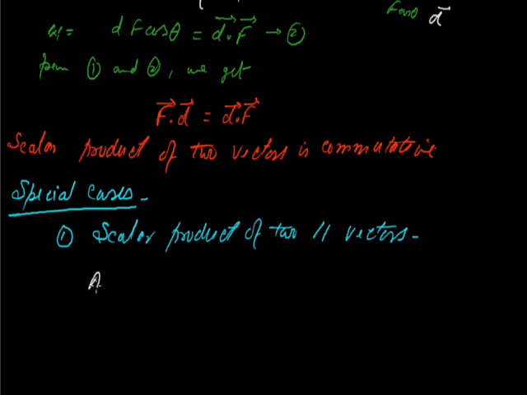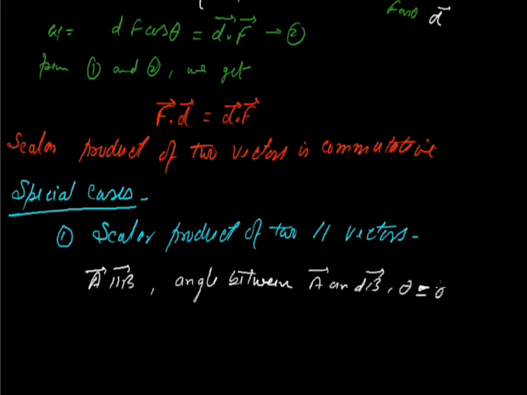Suppose vector A is parallel to vector B. It means the angle between A and B, that's theta, is 0 degree.